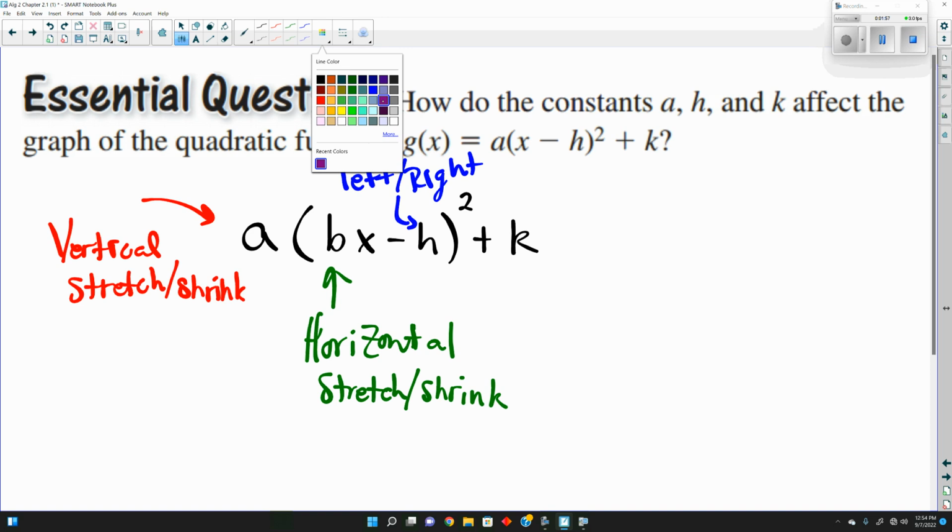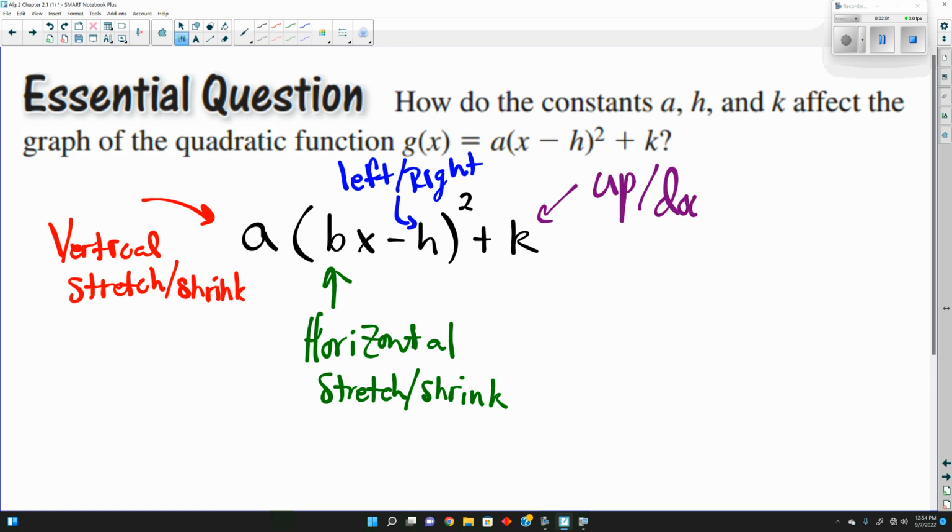And last but not least, our K is up or down. And I think out of all these here, the transformations that y'all like the best are really the up or down or left and right.